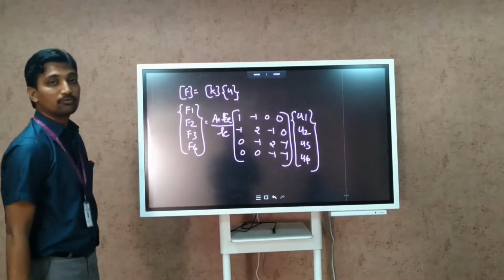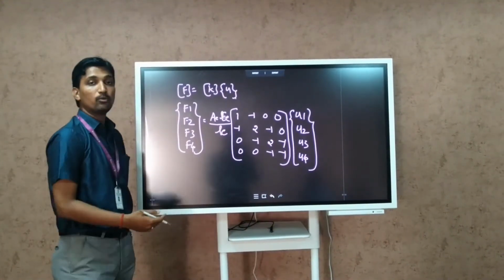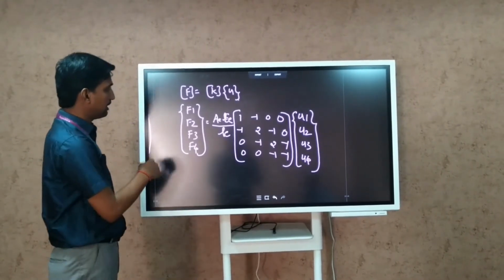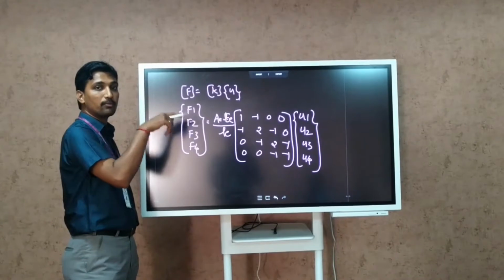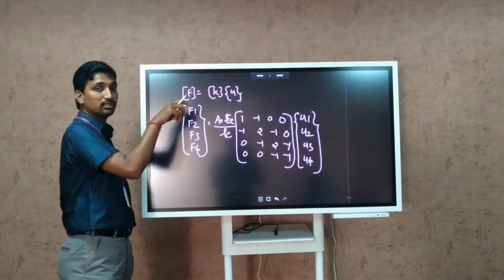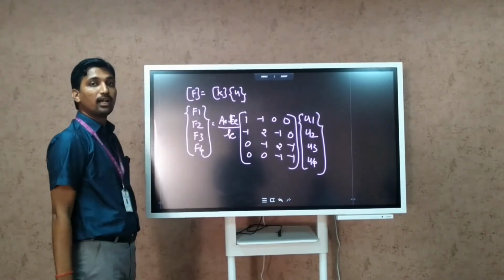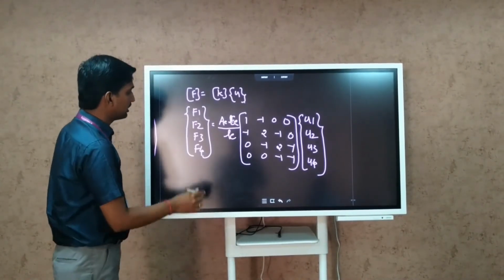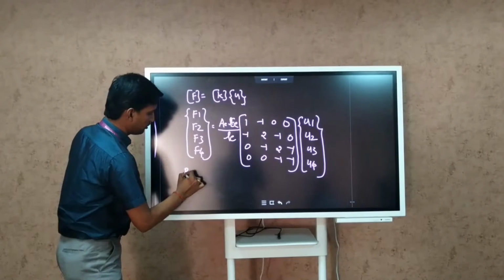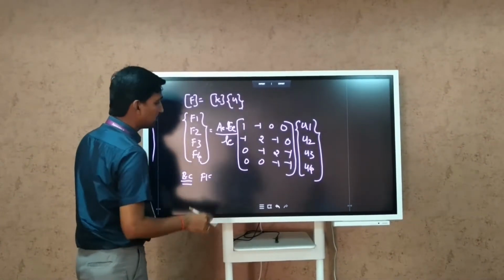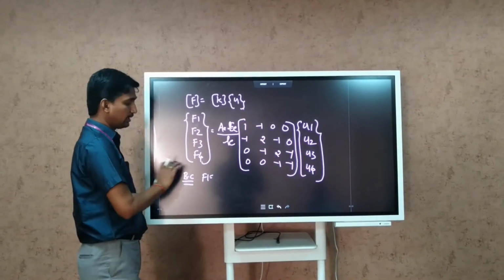Then we have to substitute the boundary conditions of this particular problem. How to substitute the boundary condition? See, based upon the problem, in the fourth node, that means third element, fourth node, I am going to apply the force. While applying the boundary condition, in the element 1, in the first node, I am not going to apply any forces over there.